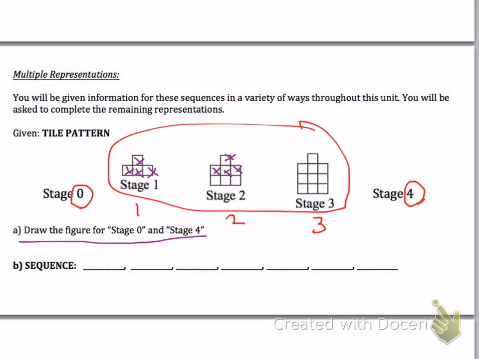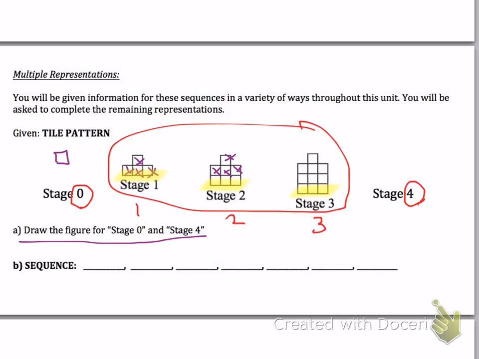Then what I can see is that these 3 boxes right here are new. Then these 3 boxes are new. So what I see is that I'm adding 3 boxes on the bottom each time. So in order to draw your stage 0, I need to take away 3 boxes. So it's just going to be 1 box, because I'm going to take away these 3.